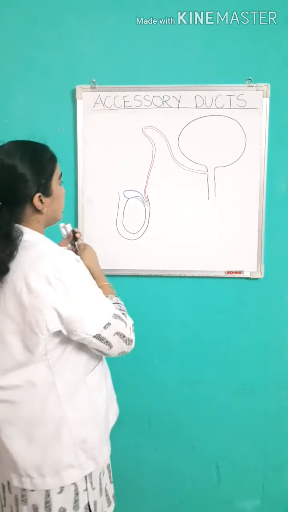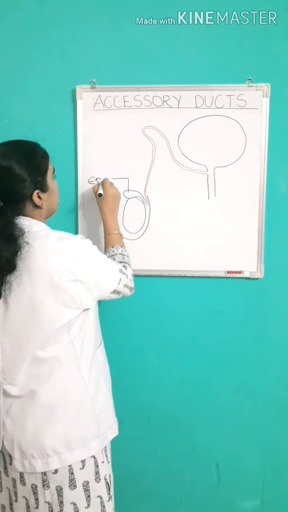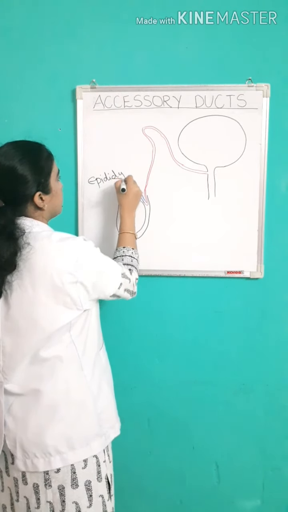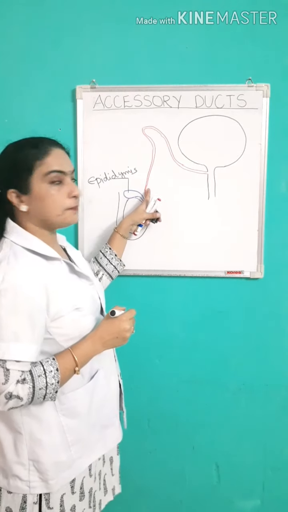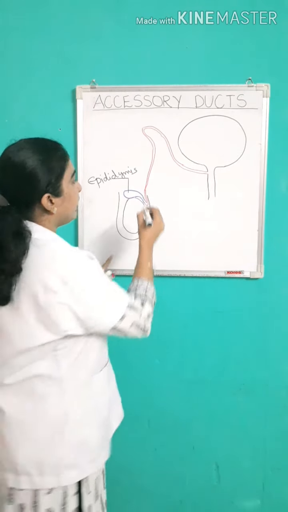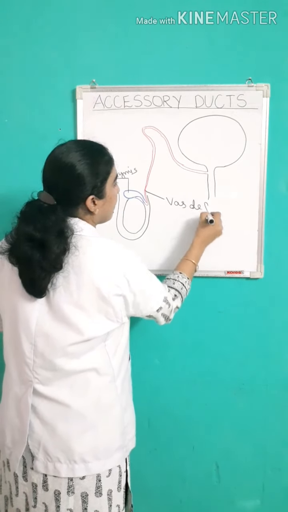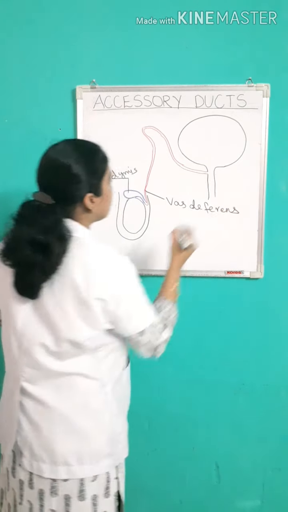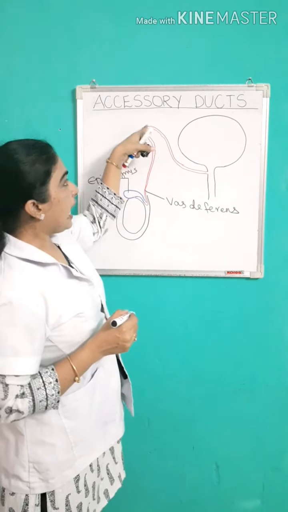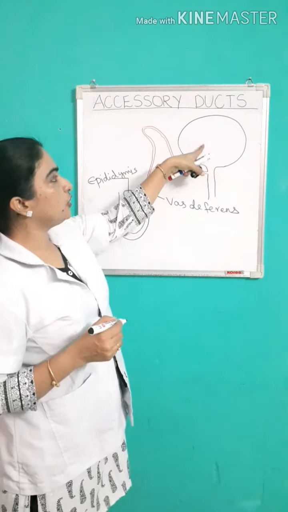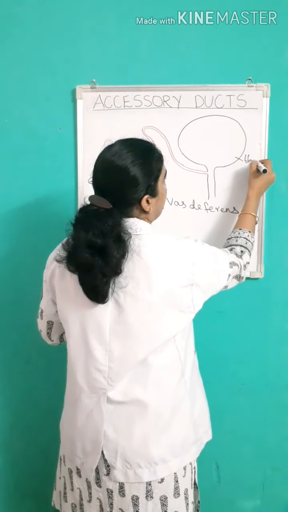This is the epididymis. And this epididymis leaves another accessory duct, which is the vas deferens. And this vas deferens goes up to the abdomen and loops over the urinary bladder. This is the urinary bladder.